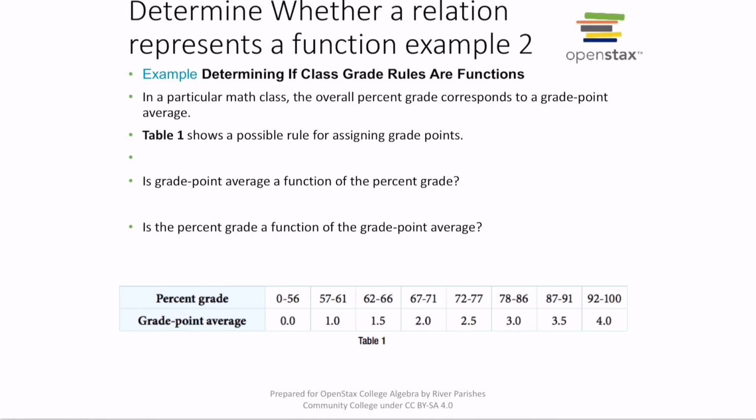Now let's look at the next problem. Here they are asking us, is the grade point average a function of the percent grade? So percent grade is the input here, grade point average is the output. Now there are multiple inputs here ranging from 0 to 56 which can point to the same output 0.